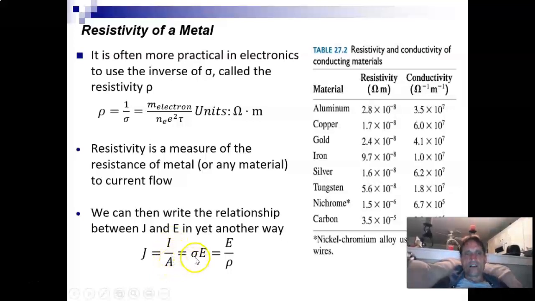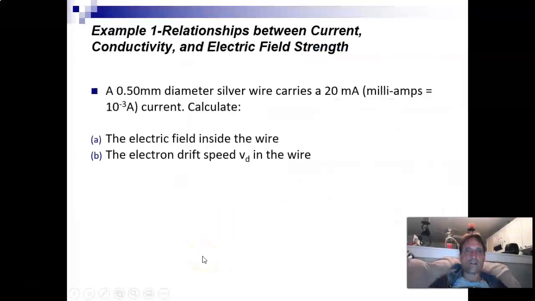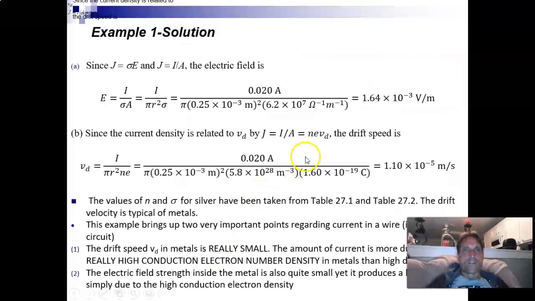We know the conductivity of the metal because we can look it up for silver. So we can calculate the current density, and since we know the conductivity, we can get the electric field strength. The electric field strength is the current per area, which is J, divided by the conductivity.